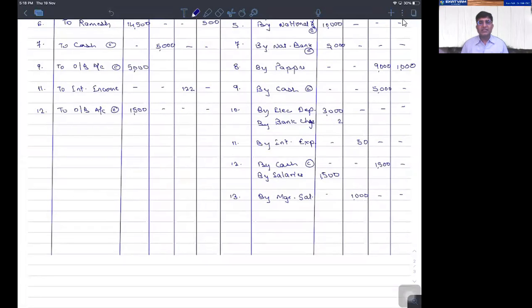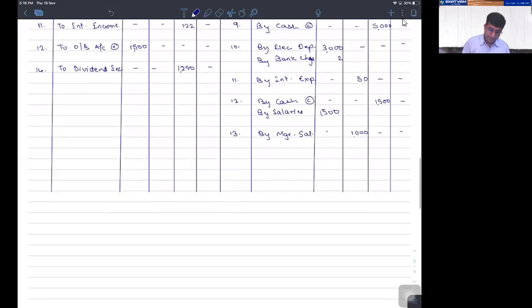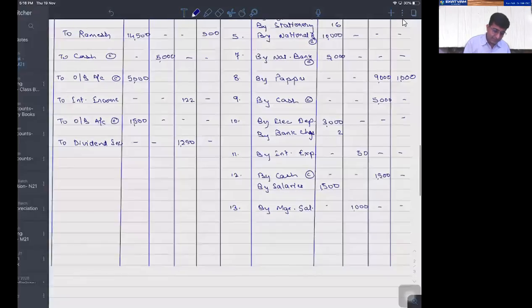Overseas bank account debit to dividend income account. To dividend income in the overseas bank column 1250. Is it right?